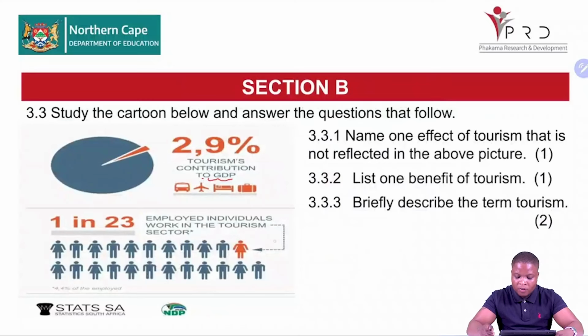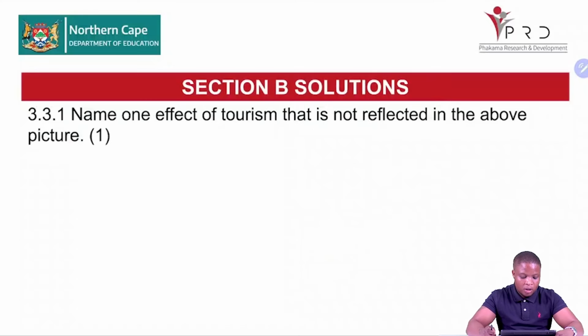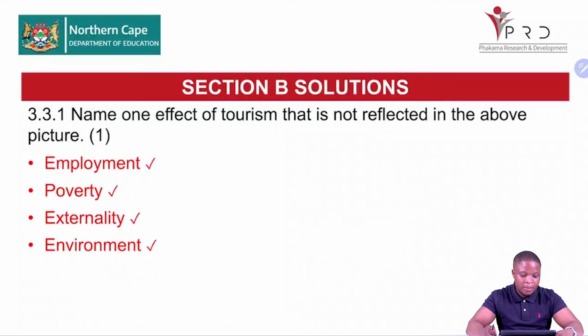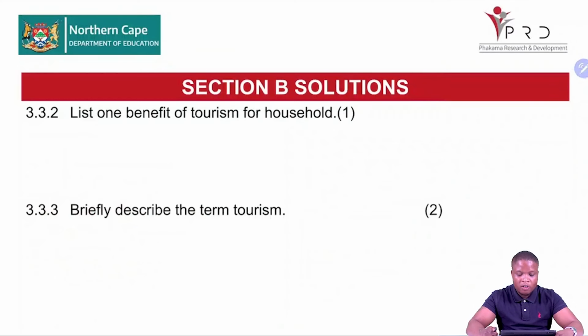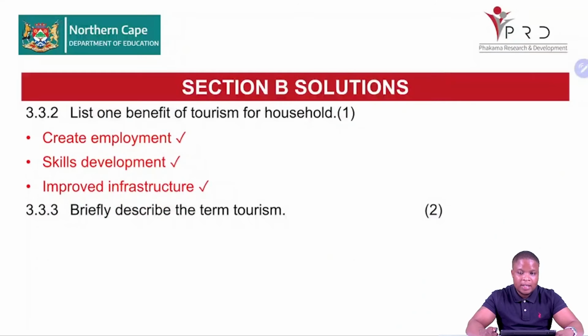List one benefit of tourism. Briefly describe the term tourism. So you have effects: employment, poverty, externality, environment, can be investment. So anything that you have mentioned. List one benefit of tourism for household. It creates employment, skills development, and there is improved infrastructure that benefits the household.